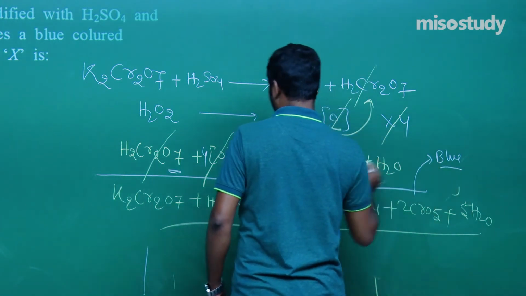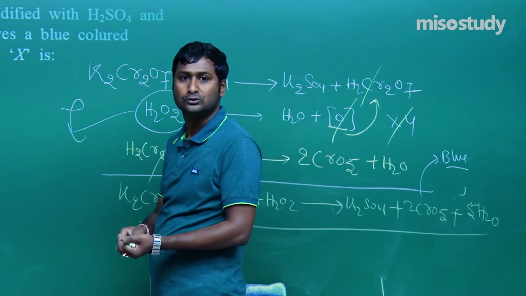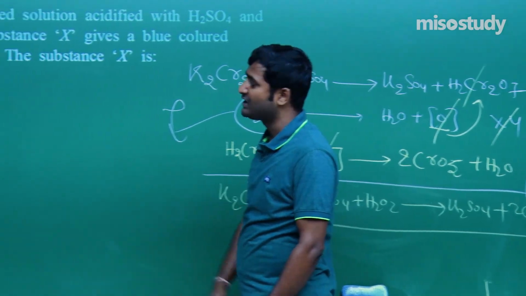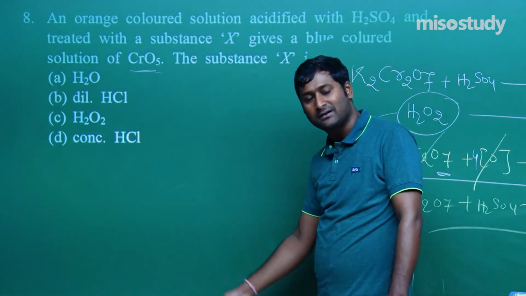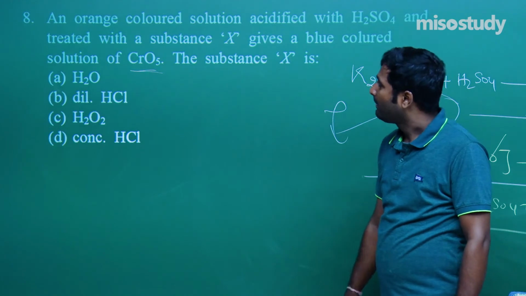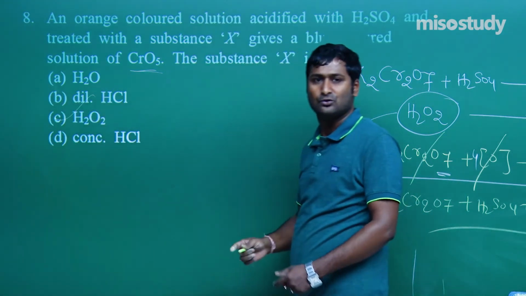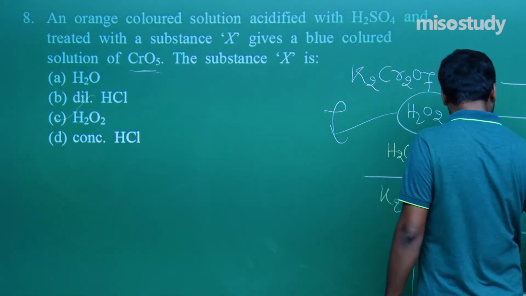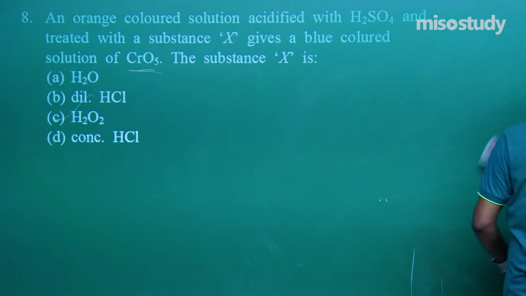So tell me, what is X? X is H2O2. Clear to you? This is one of the best questions, a complete analyzing type question: orange color, then definitely potassium dichromate. Now the answer is C, H2O2. Clear? Now I'm going to rub this part and we'll discuss the next part of the question.